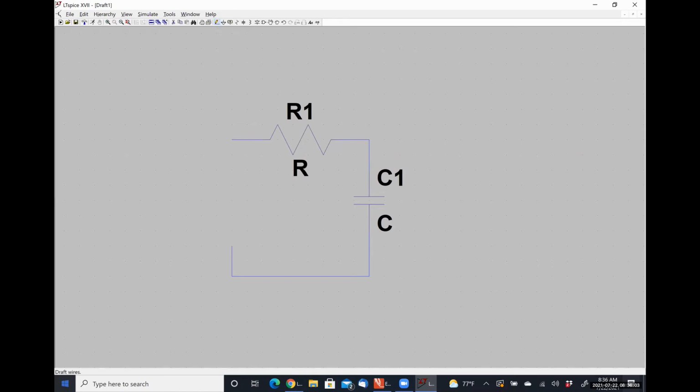So like this. I'm going to choose my ground point down here at the bottom because if I'm using LTSpice, again, I have to have a ground. And what I'm going to do now is put in a voltage source, like so. And I'm going to put in my voltage.